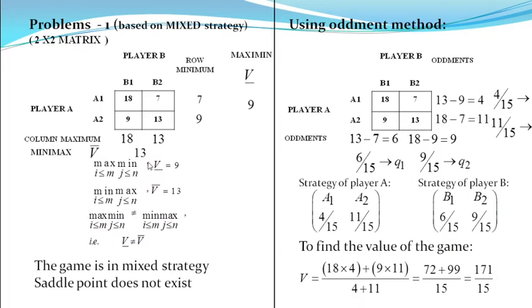We can find the value of the game with the help of calculation. We have a set of four formulae for this, but instead of using the formula, we can directly calculate the value of the game.